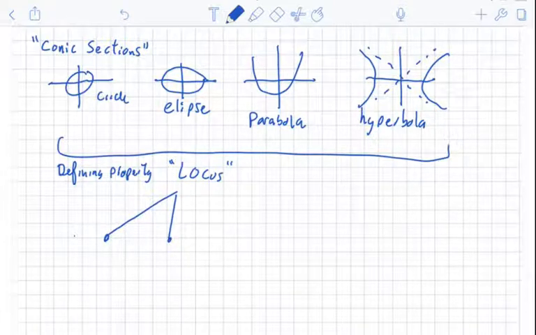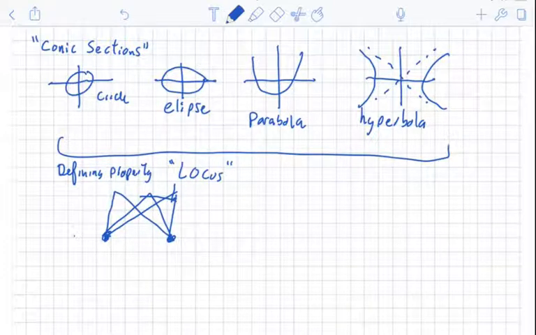The string is the same length, and you tie one end to one point and the other end to the other point, and then you take a pen and put it in the crook of that string, and you can move it around. So over here and over here. The string always has the same length, and your pencil will draw out a shape like that. Okay?